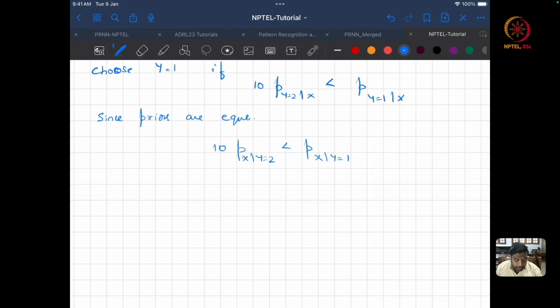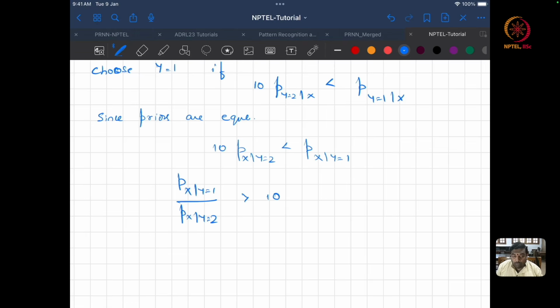I can compute this as x given y is equal to 1 divided by x given y is equal to 2, and this has to be greater than 10.